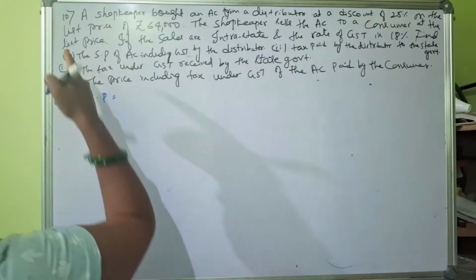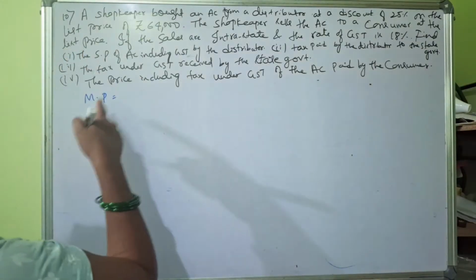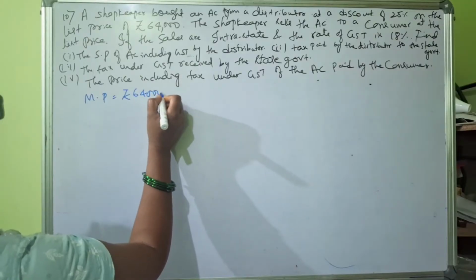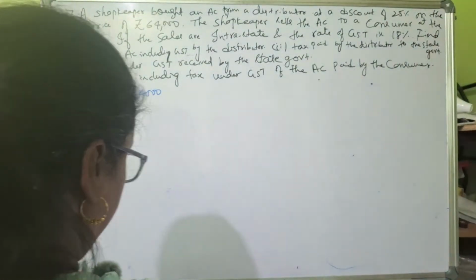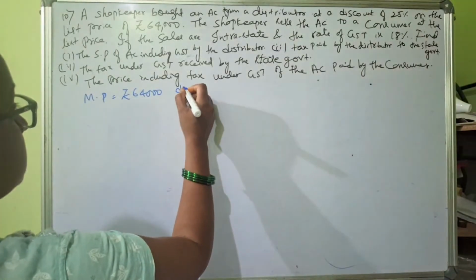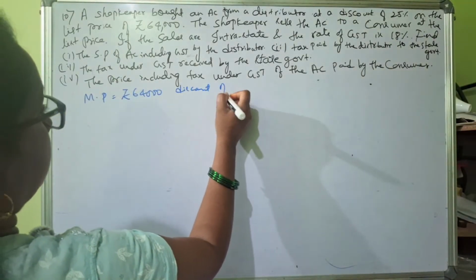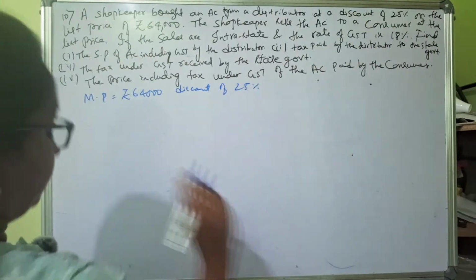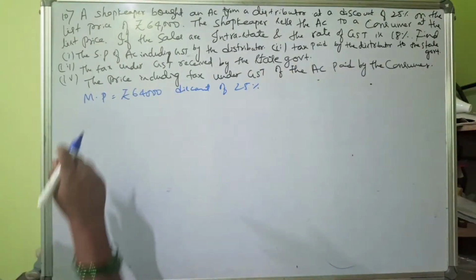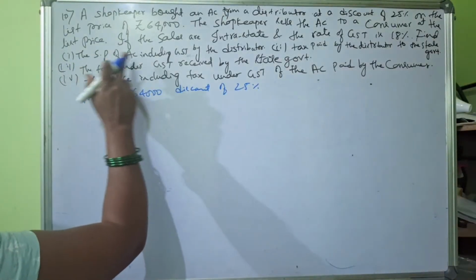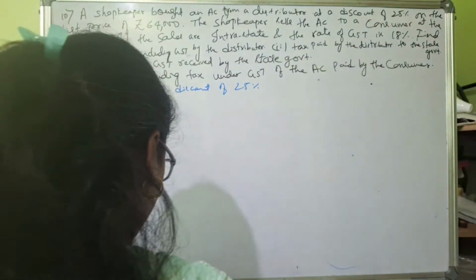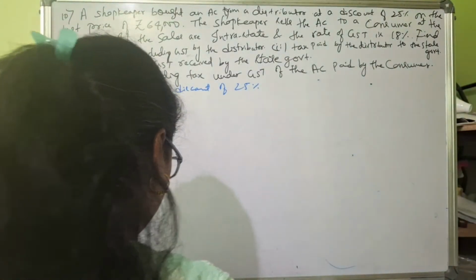That is, list price is equal to market price, that is, MP is equal to rupees 64,000, and at a discount of 25%. So for the first question, we have to find the selling price of the AC including GST by the distributor.